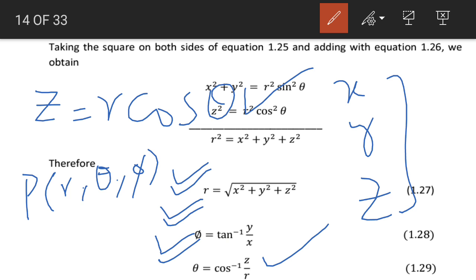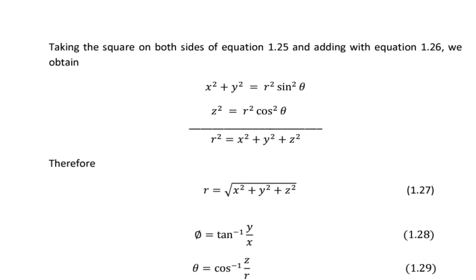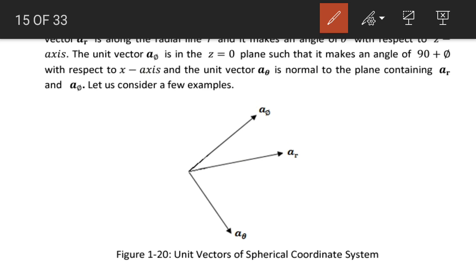Now we talk about the unit vectors of the spherical coordinate system. There are three unit vectors in the spherical coordinate system. They are represented by ar, a theta, and a phi. You need to know the location of these three unit vectors.